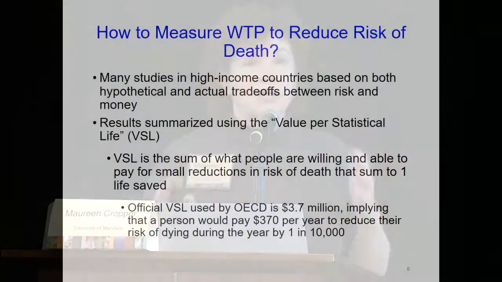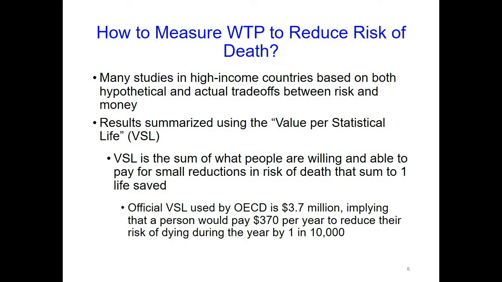Okay, you've heard this definition now many times, so I'm not going to focus on all of the bullets on the slide. The only thing I'm trying to emphasize is that the value of a statistical life, with apologies to Trudy, is the sum of what people are willing and able to pay for small reductions that sum to one life saved.